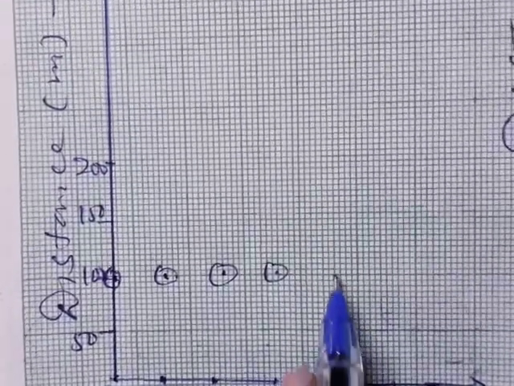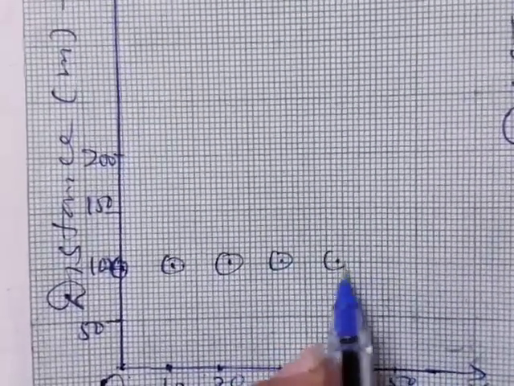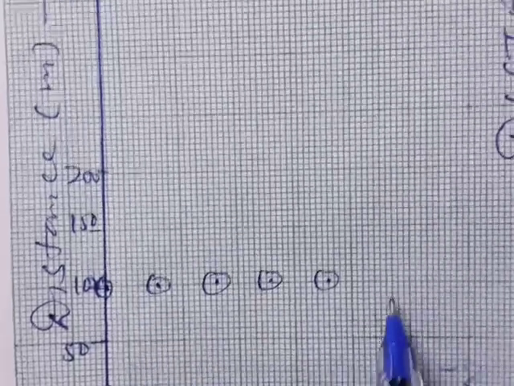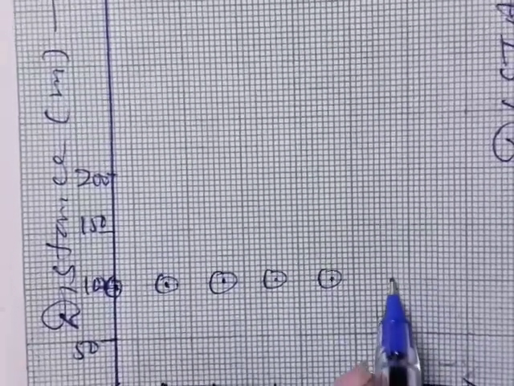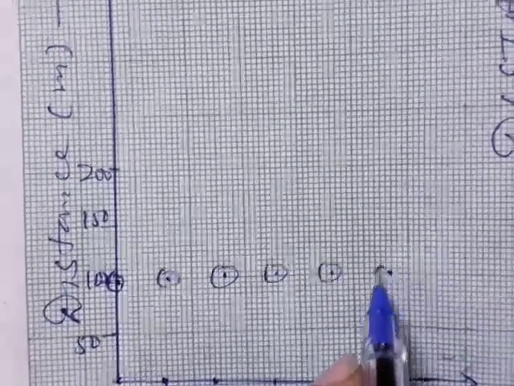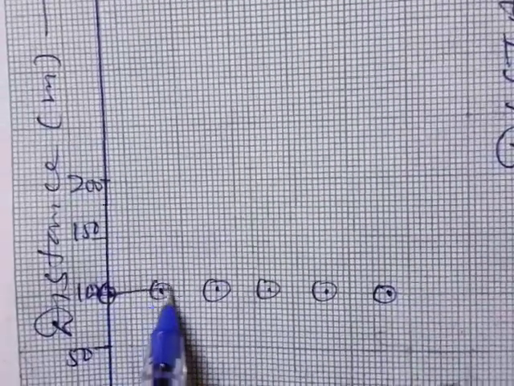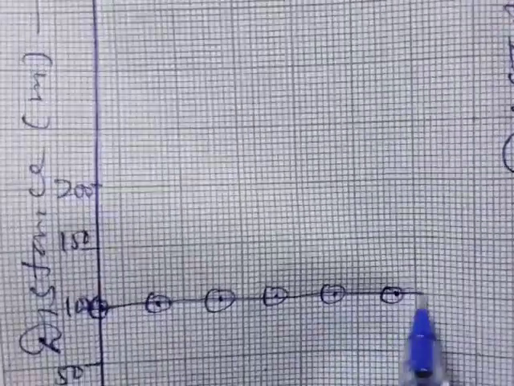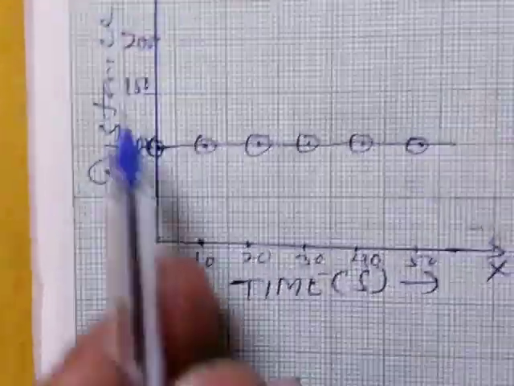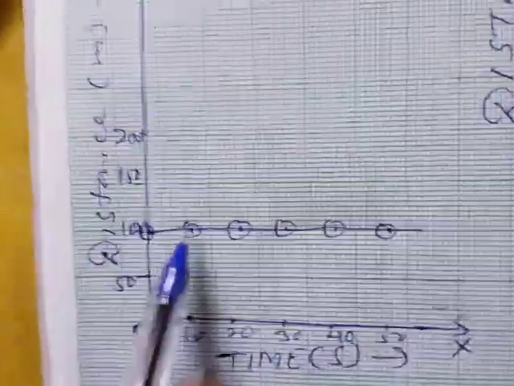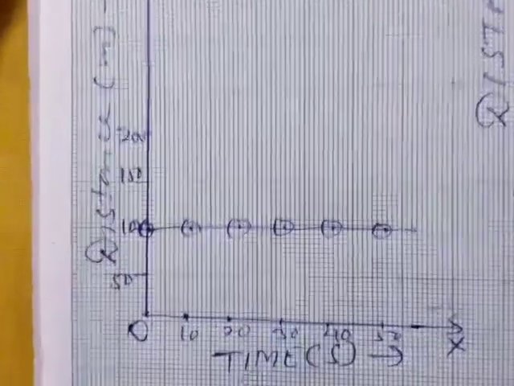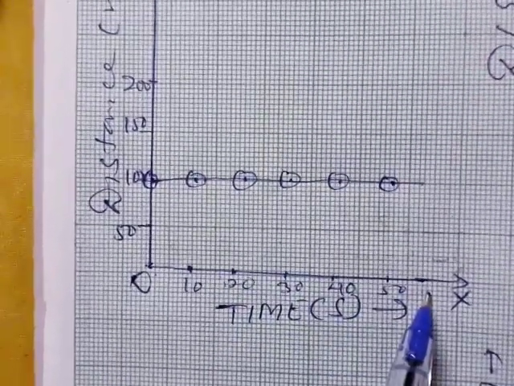After 40 seconds, and 50 seconds, the distance of the car is at 100 meter. Now we join all these points. So what is the shape of the graph? Here the shape of the graph is a straight line, but it is parallel to the time axis.